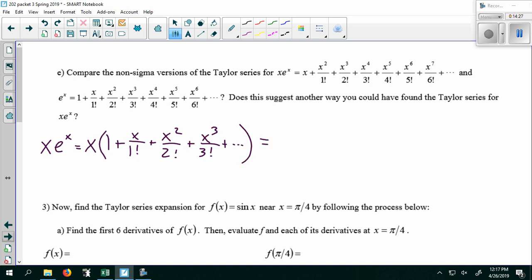Okay, and when you distribute the x, you get x plus x squared over 1 factorial plus x cubed over 2 factorial plus x to the 4th over 3 factorial plus, and so on.